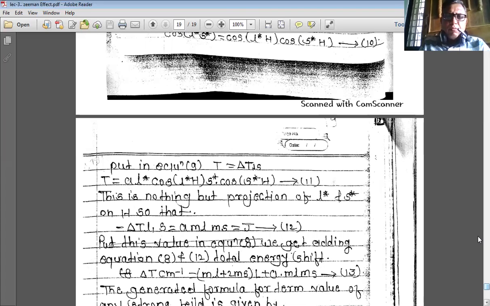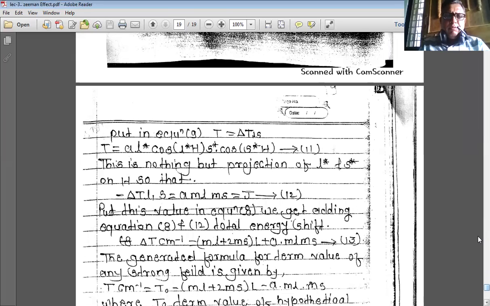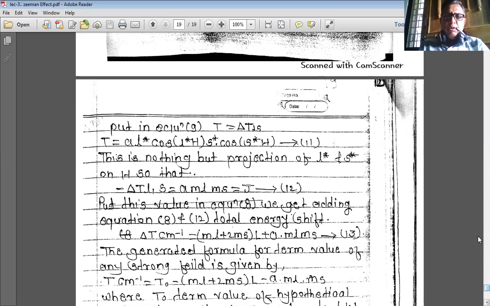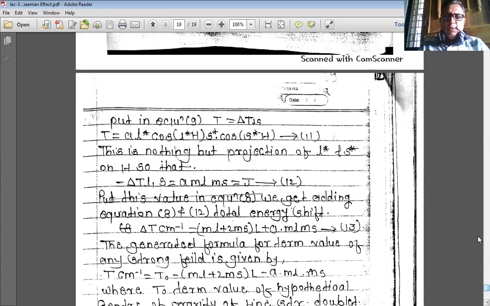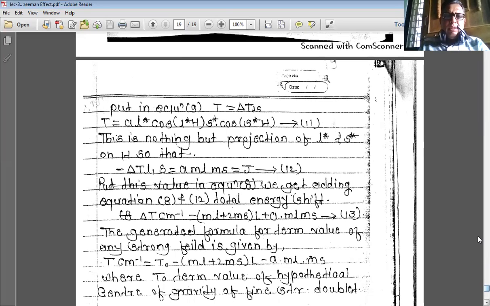So we get, adding the equations 8 and 12, total energy shift delta T centimeter raised to minus 1 is equal to ML plus 2MS into L plus A ML MS is equal to equation number 13.